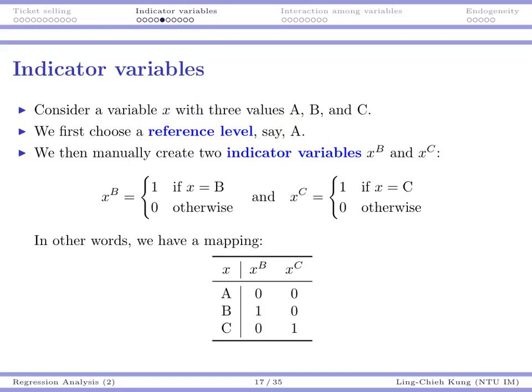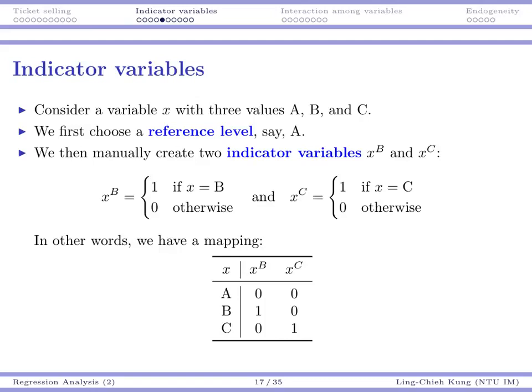Let's say we choose A. And then we need to manually create 2 indicator variables. Let's call them xb and xc. So in any case, if you have n variables, you will choose 1 to be the reference level.